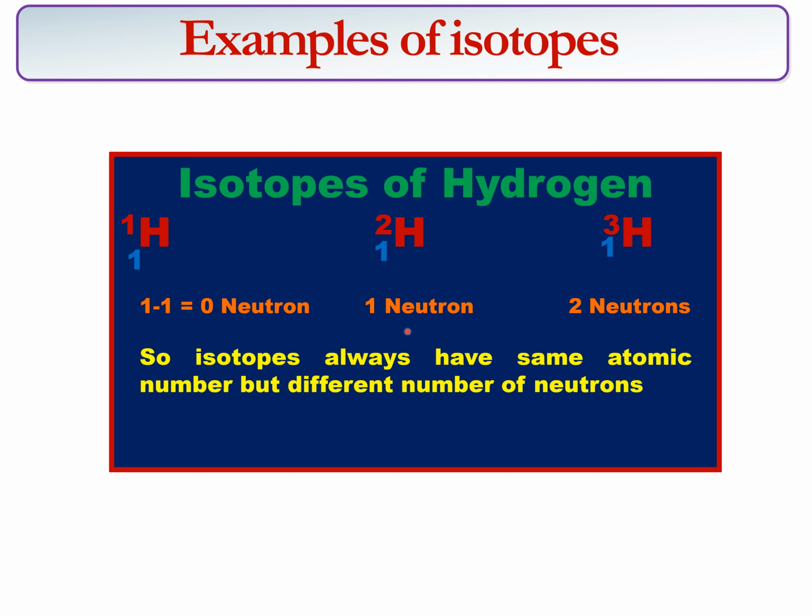It has 1 proton and 1 electron. Hydrogen-3 has 2 neutrons, 1 proton, and 1 electron. You notice that the number of neutrons for each of the isotopes is always different, but the number of protons, which is also called the atomic number, is always the same.